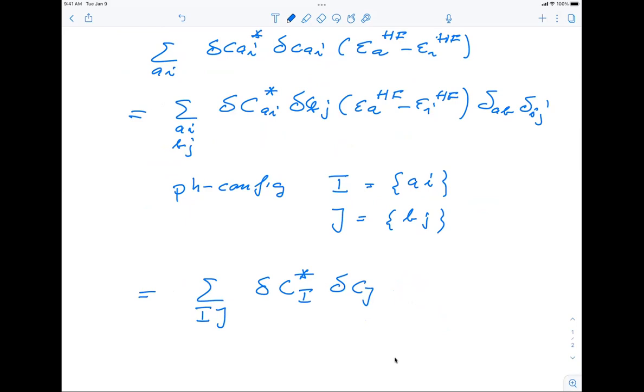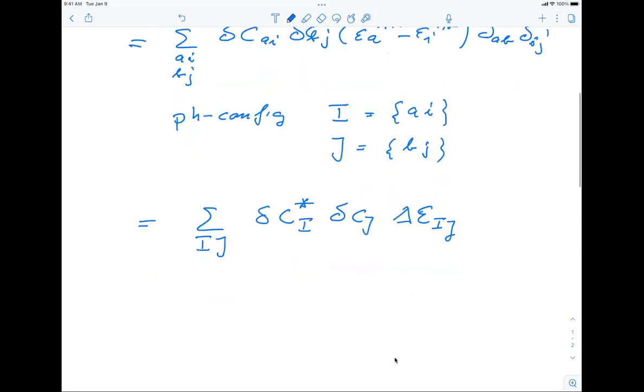And this is now multiplied with these elements where I have to keep this epsilon A, or let's write it in a different way. I'm just going to call this delta epsilon of IJ.